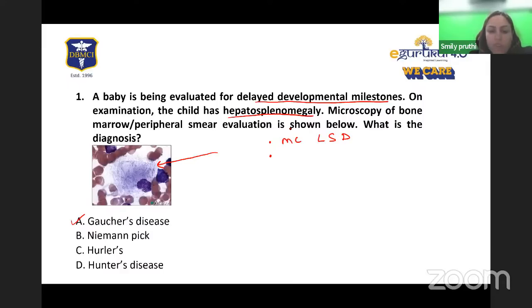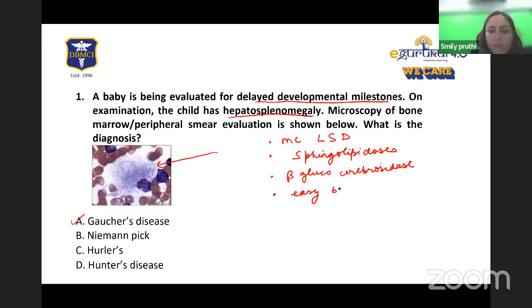In Gaucher's disease, it is a sphingolipidosis. The enzyme deficient is beta glucocerebrosidase.